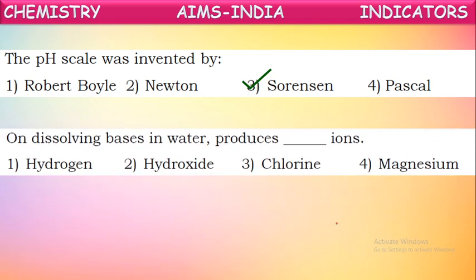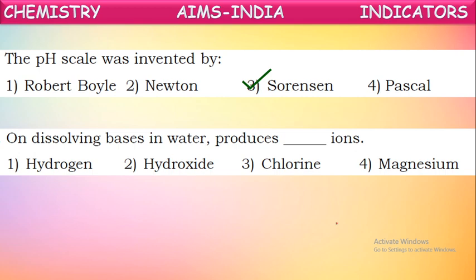Next, on dissolving bases in water, they produce dash ions. Acids and bases on dissolving into water produce their respective ions. When you dissolve acids into water, they produce hydrogen ions, which are called H plus ions.